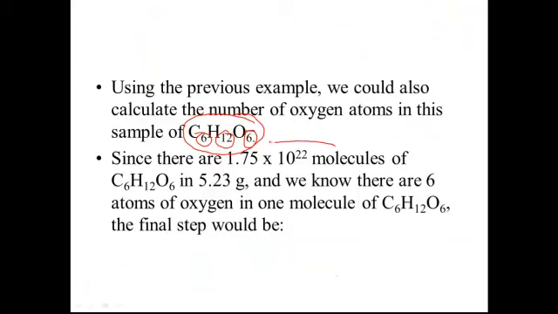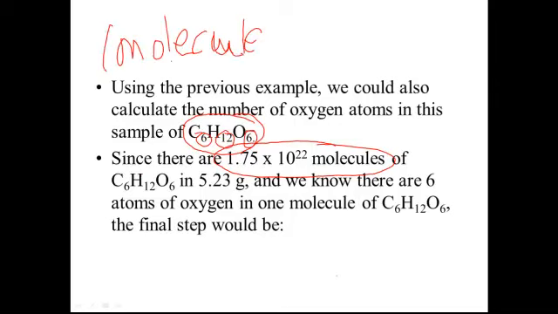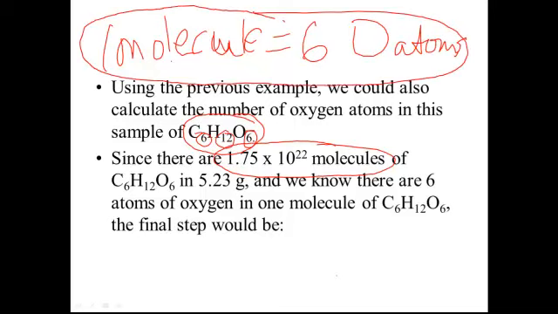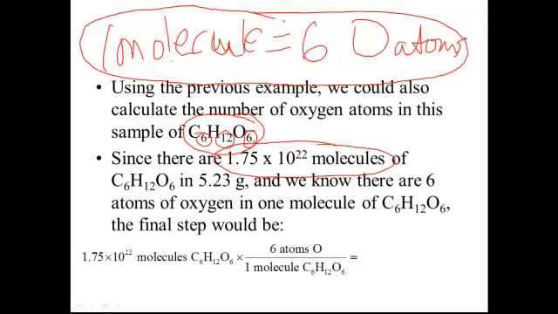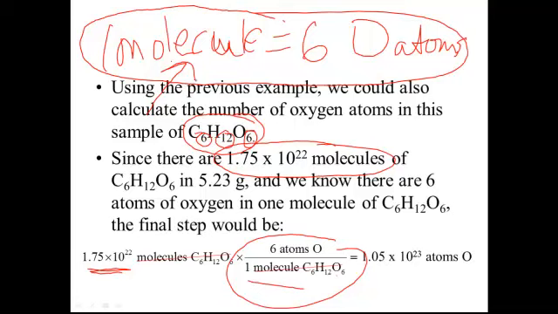Since we know how many molecules there are, we can also say that in one molecule, there are 6 oxygen atoms. That's another conversion we can use. So our last step, once we have molecules, is to convert molecules to atoms using this conversion right up here. And that would be our final answer for atoms of oxygen.